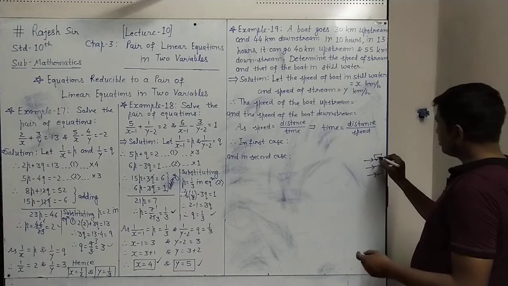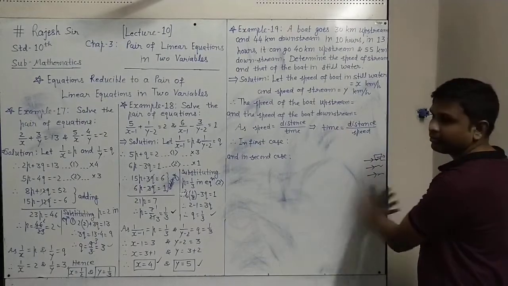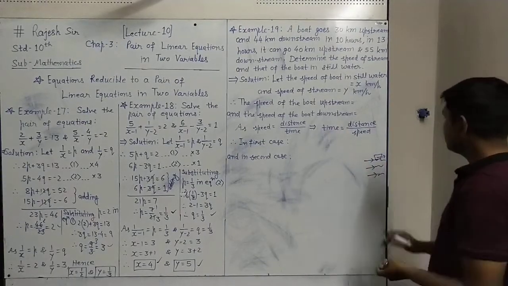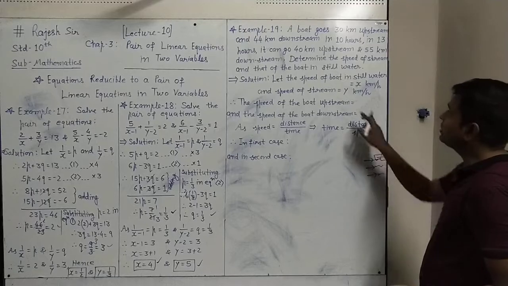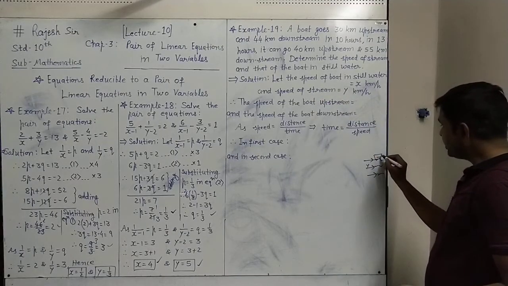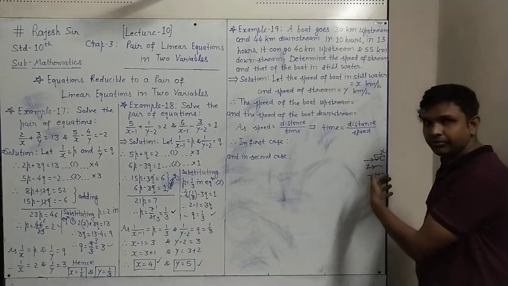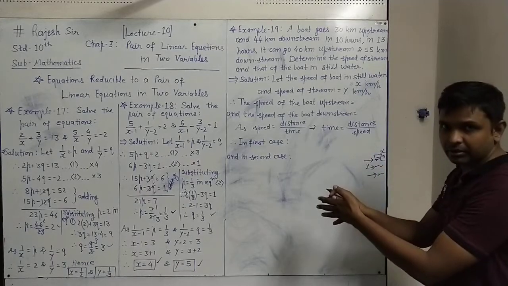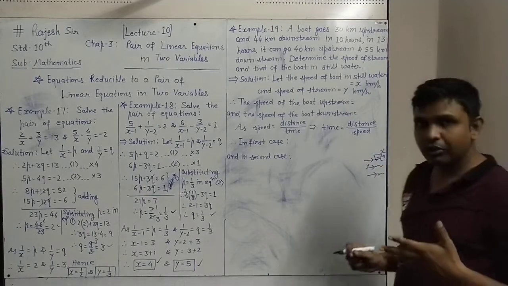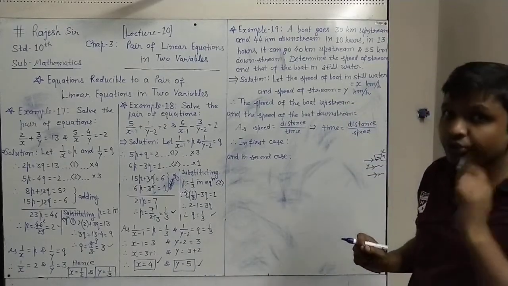If the boat is also going in the same direction, it is called downstream. So the stream's speed we consider as y, and the boat speed we consider as x. If the boat and stream go in the same direction, the speed of the boat and the speed of the stream will be added. That is called downstream.